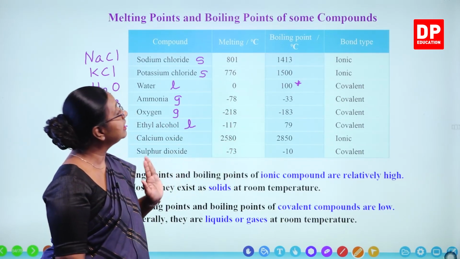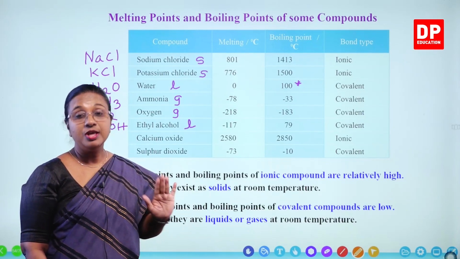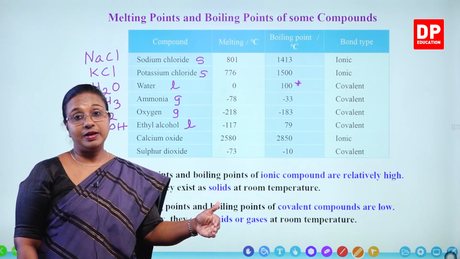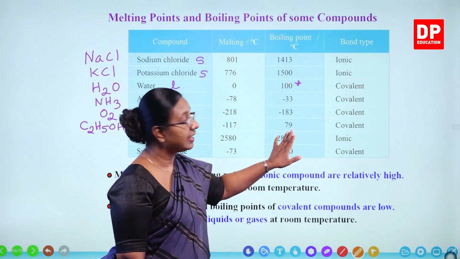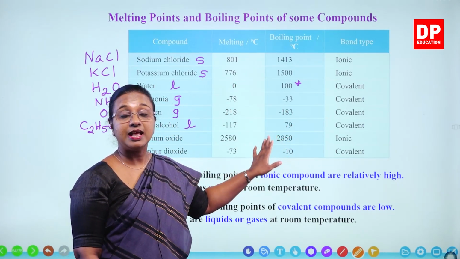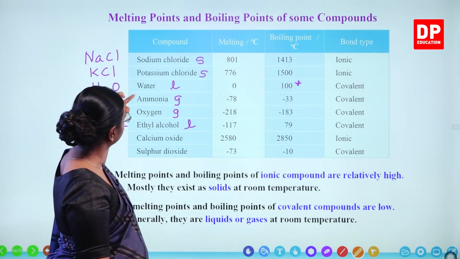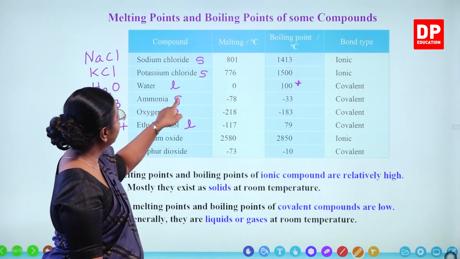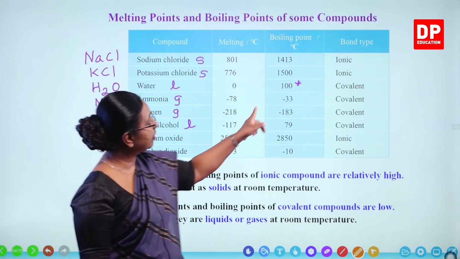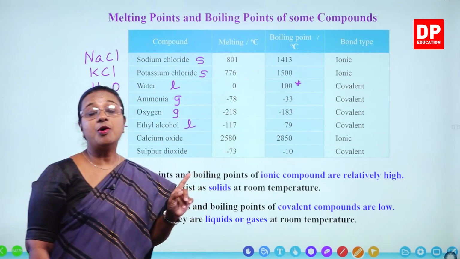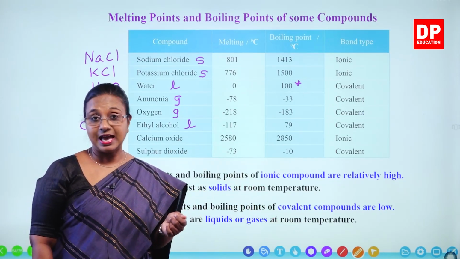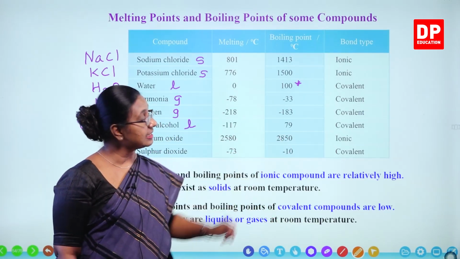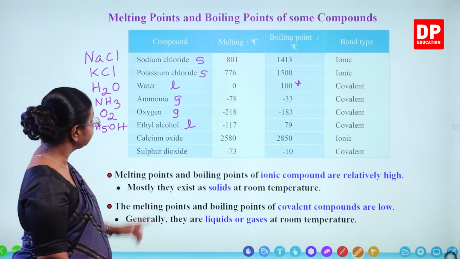When the melting point is very low, they become a liquid at room temperature. But if the boiling point is greater than the room temperature, they remain a liquid like water and ethyl alcohol. But for ammonia and oxygen, you can see even the boiling point is less. So because of that, they become a gas. And that again is a covalent compound.